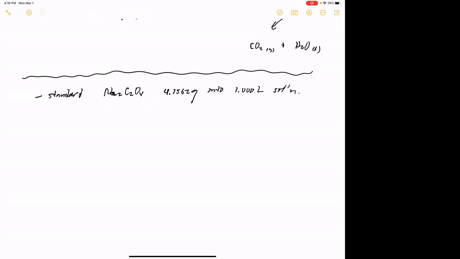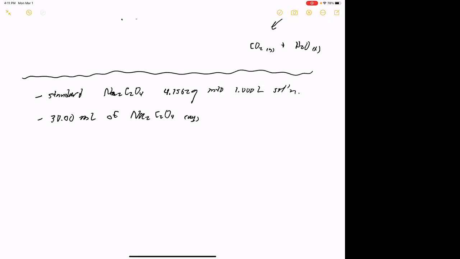So that's the first thing we do. All right, then what I'm going to do is take 30 mL of the solution. I could do that with a pipette. That's now an aqueous acidic solution, right?